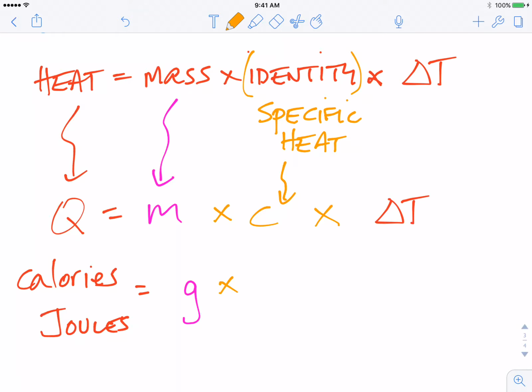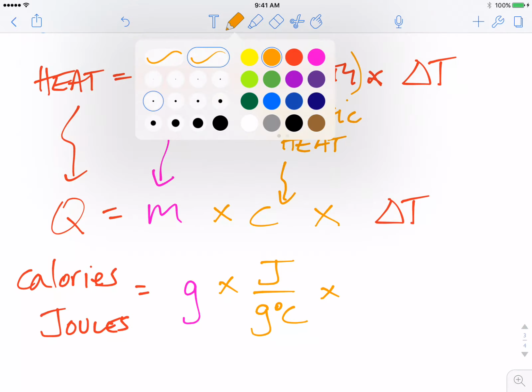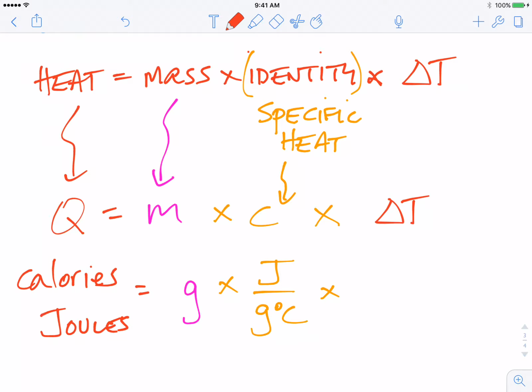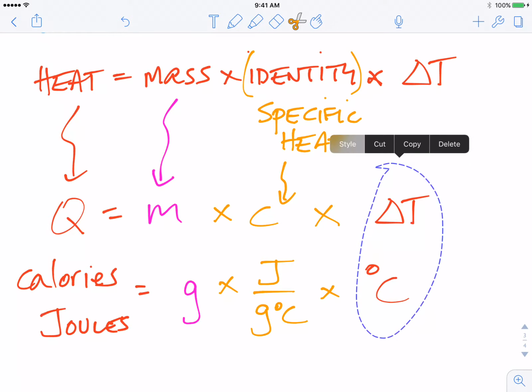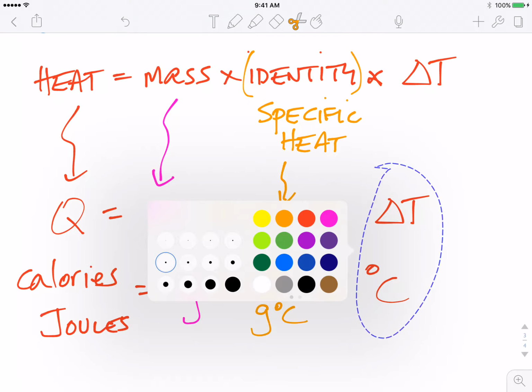These units are your unit of heat, most oftentimes joules, over grams degrees Celsius. And then the last one, for temperature, was degrees Celsius. Okay? And I'm just going to change the color of these so they're a little bit different. And let's make them, I don't know, purple.